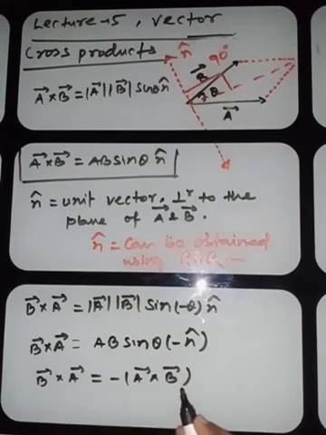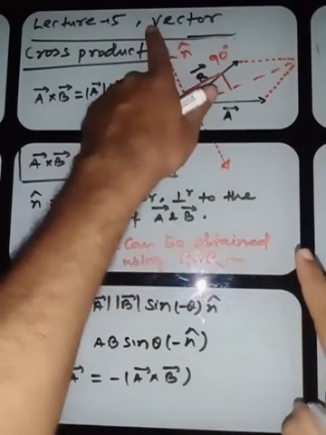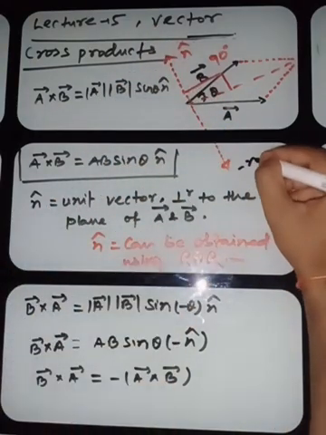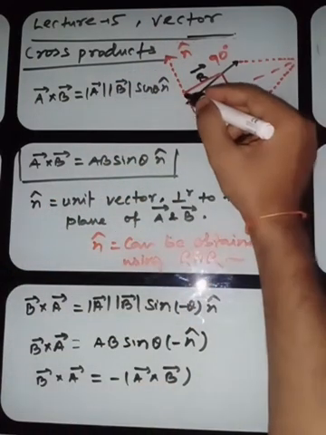If someone asks you what the angle between A cross B and B cross A is, what will you say? B cross A and A cross B are opposite to each other. This is the minus. If this is giving the n cap, this will give you the minus n cap, and if n cap is in the upward direction, then minus n cap will be in the downward direction. And what will be the angle between these two?